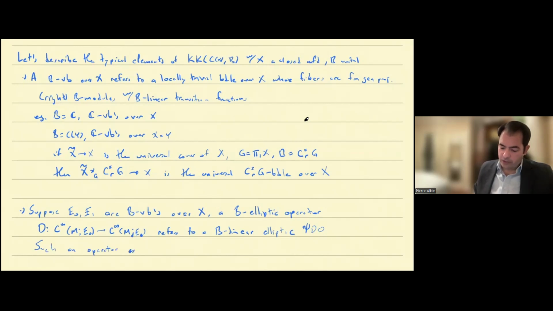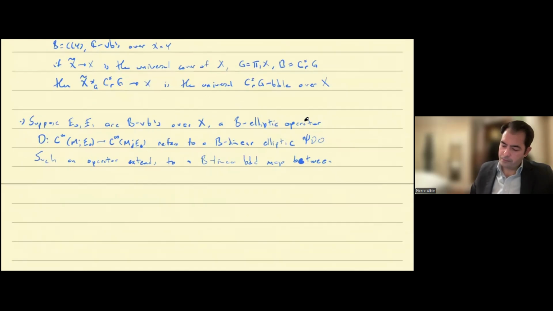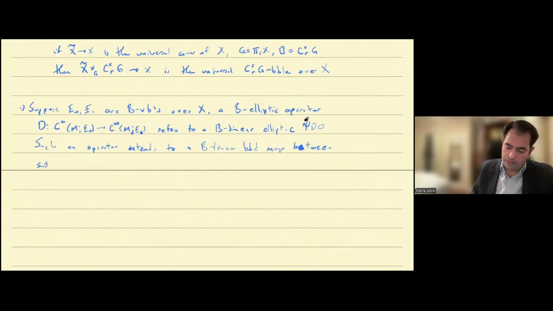Such an operator extends to a bilinear bounded map between suitable Sobolev spaces, right? These are examples of Hilbert B-modules, say E0, E1, and is B-Fredholm.